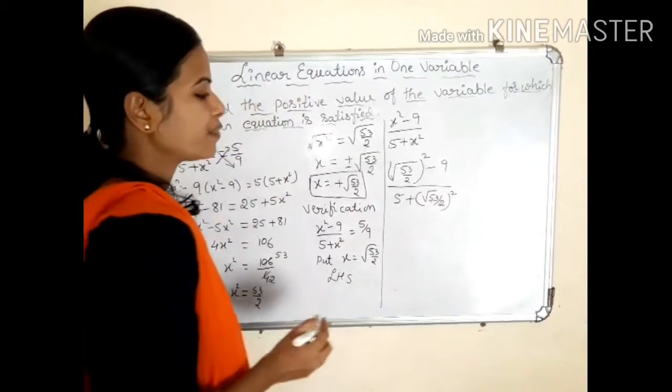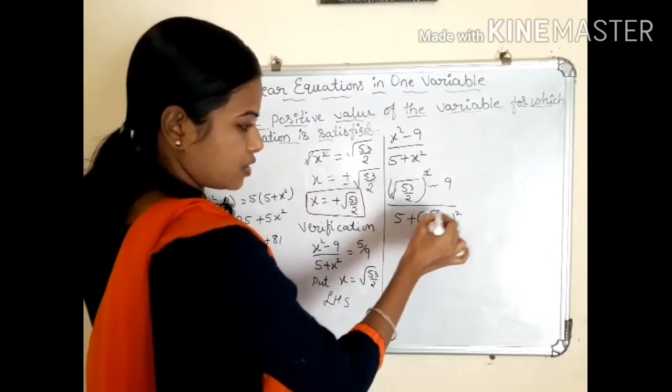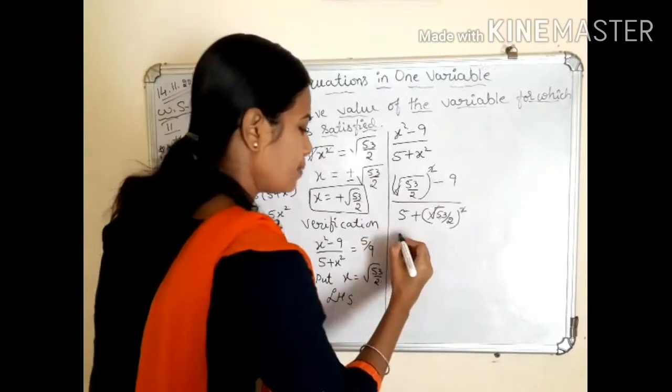Carefully look at the board here. Square root and square get cancelled. In the denominator also, square root and square get cancelled.